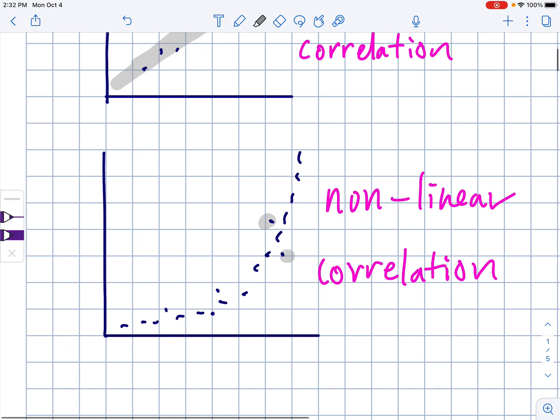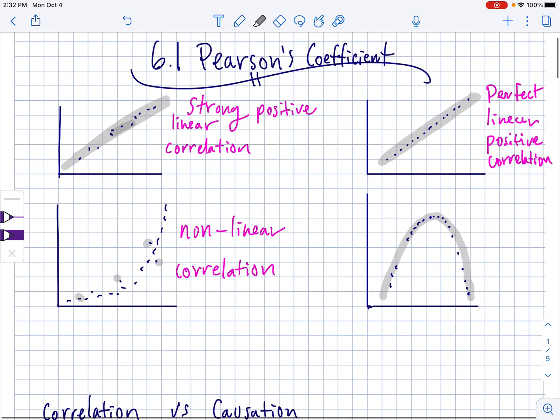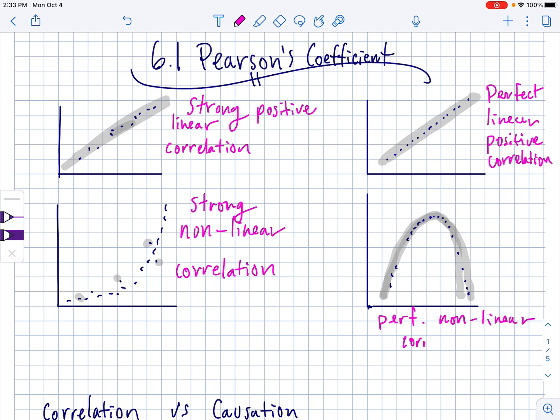This is also non-linear, but on this one I put some dots that are outside of it, so it's not perfect. We would probably call it strong non-linear correlation. But with this graph, I tried to perfectly put the points on an upside down parabola. So this is perfect non-linear.